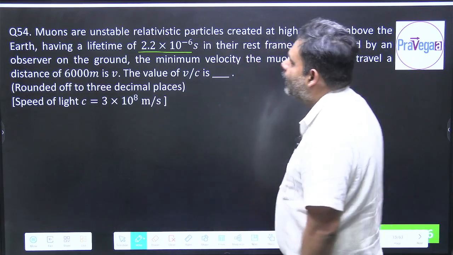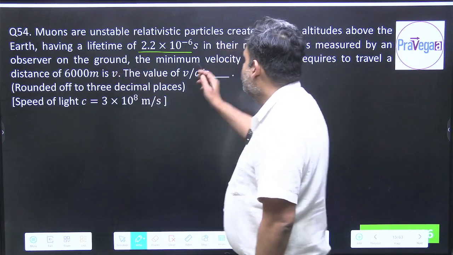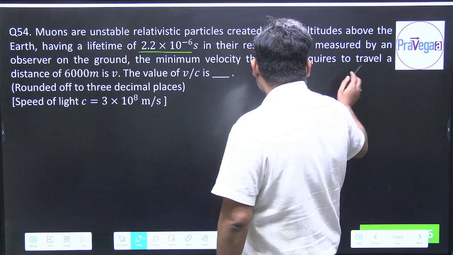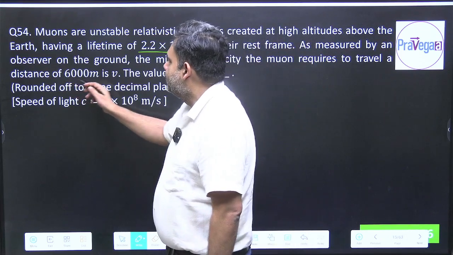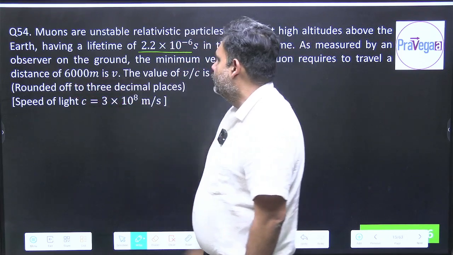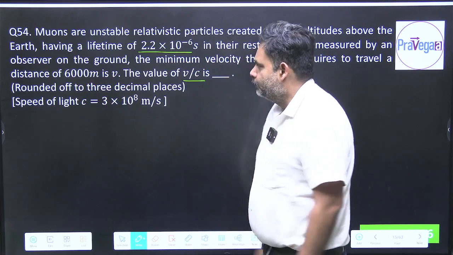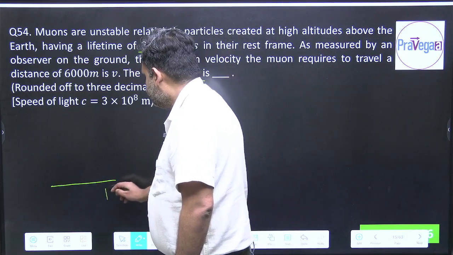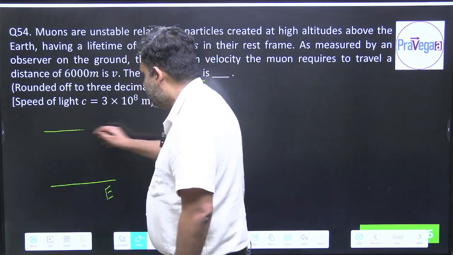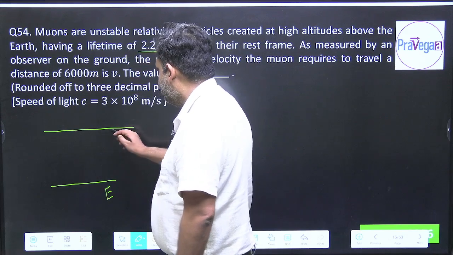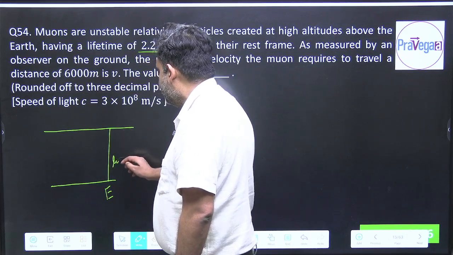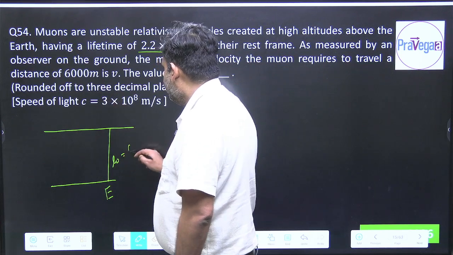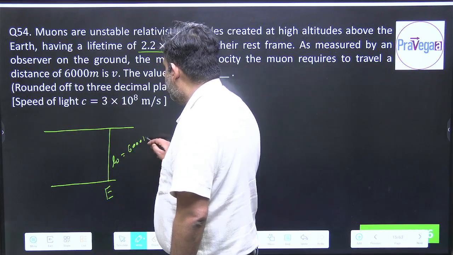As measured by the observer on the ground, the minimum velocity of the muon required to travel a distance of 6000 meters is v. So you have to calculate v by c. We can assume this is the earth and this is the height where the muon is created. Let's say this is L0, and it is given as 6000 meters.